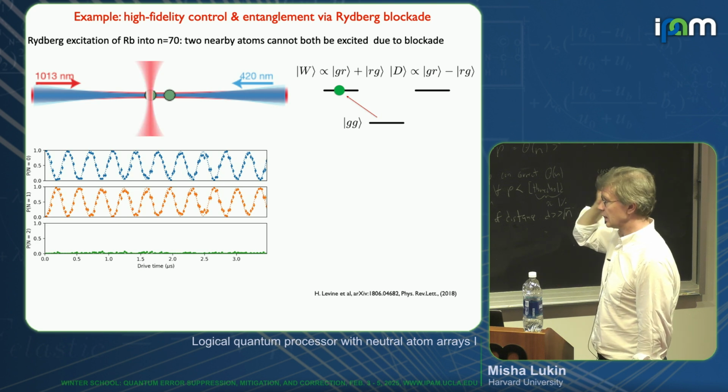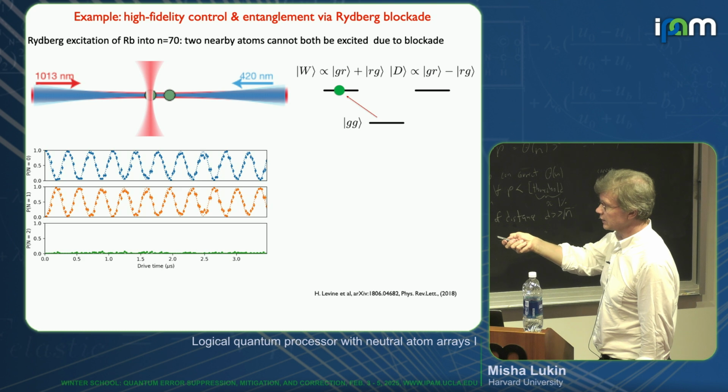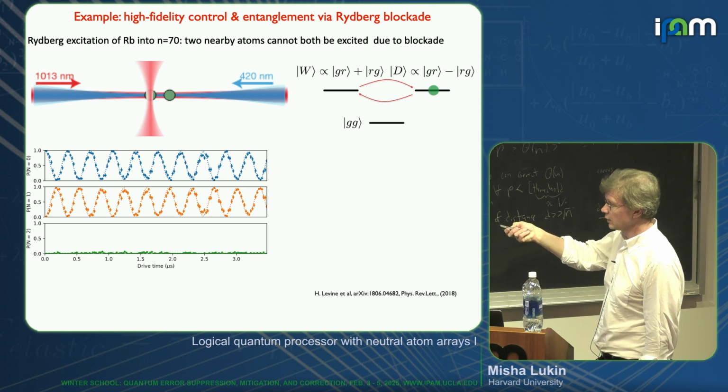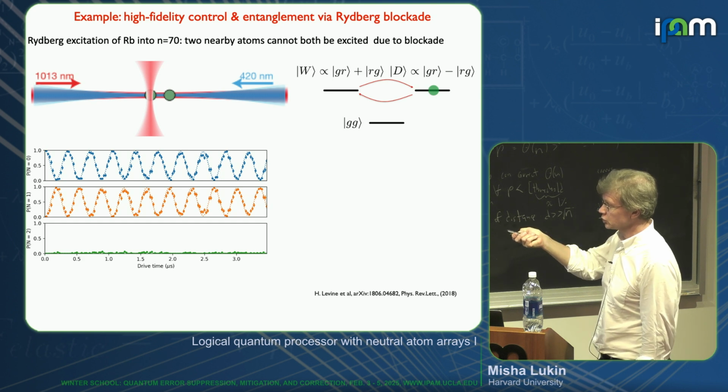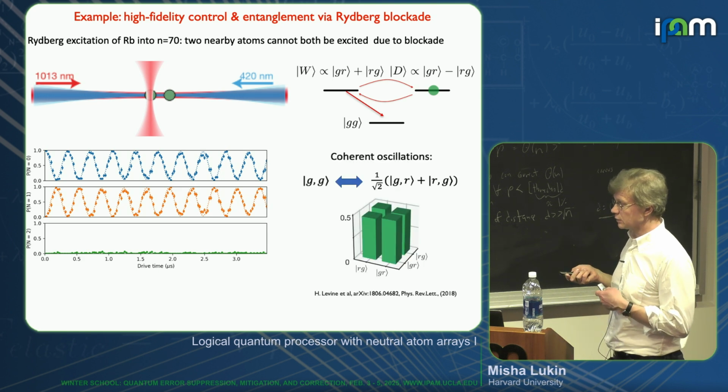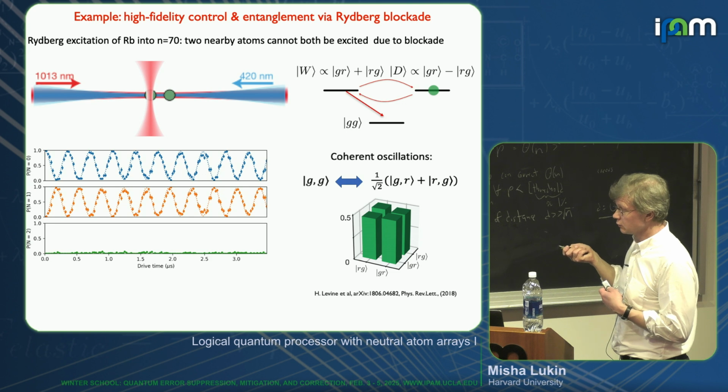You can then also verify that this superposition has a well-defined phase. By applying a phase shift to one atom, you make the superposition precess.